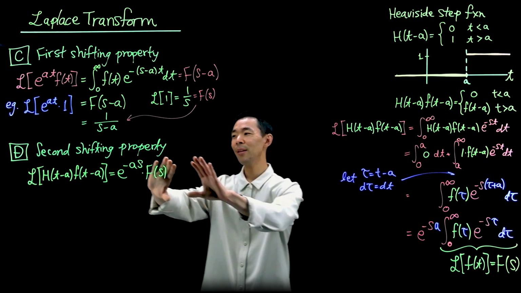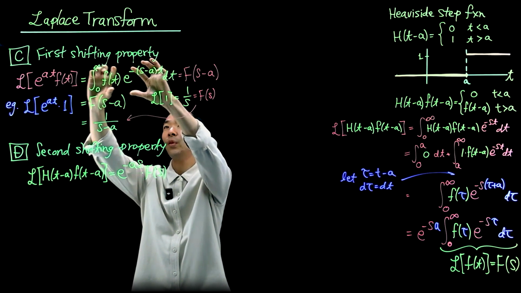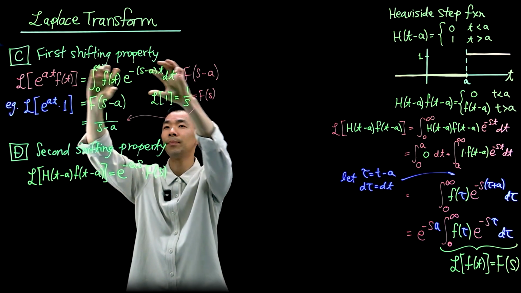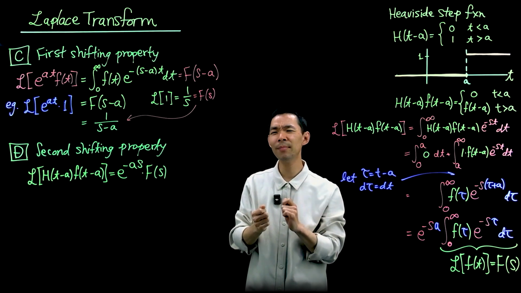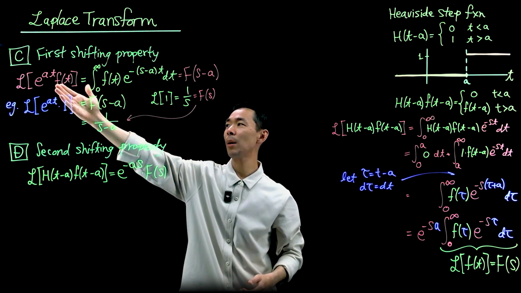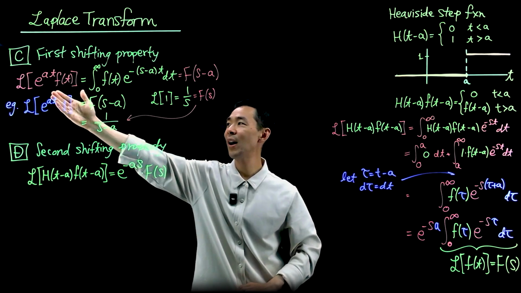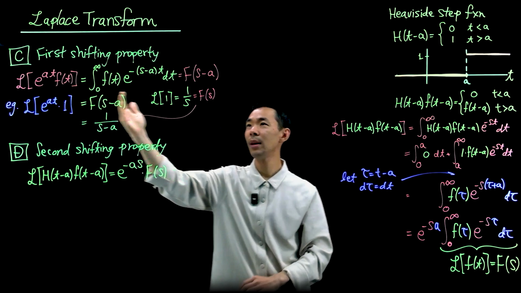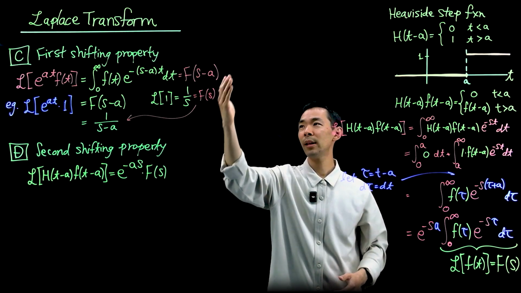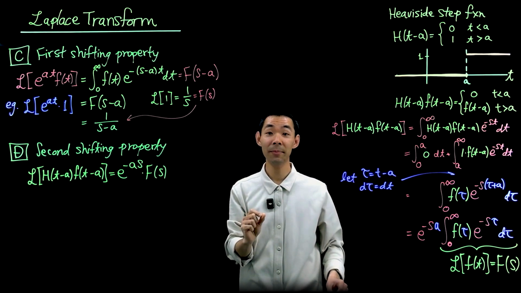So if you compare the second shifting property with the first shifting property, you start to see some comparisons between them. In the first shifting property, you're multiplying in real space by a factor of e to the at, and then out comes a shift in the Laplace domain by a factor of a.